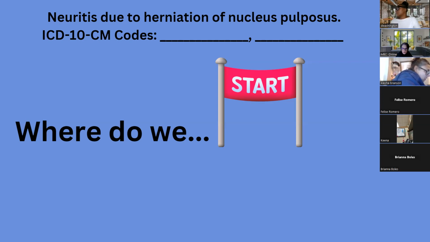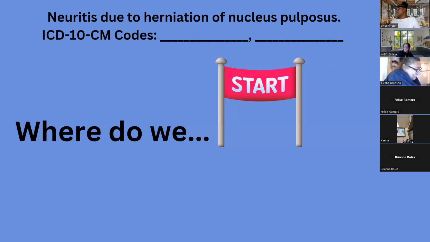I have it, so I'm going to go ahead and read it. M51.9, unspecified thoracic, thoracolumbar and lumbosacral intervertebral disc disorder. Alicia, I just did you a big favor. That's a tongue twister.